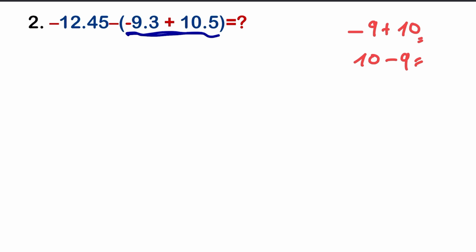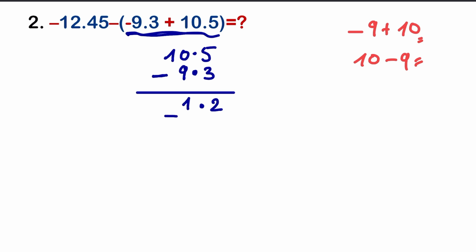So we are going to have 10.5 minus, always remember the decimal point should be on the same line, minus 9.3. If we subtract, 10 minus 9 is 1. So everything in the bracket gave us 1.2.